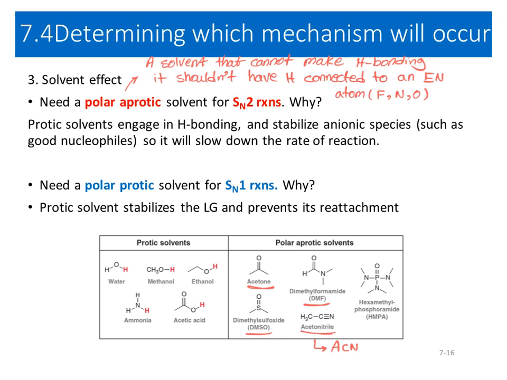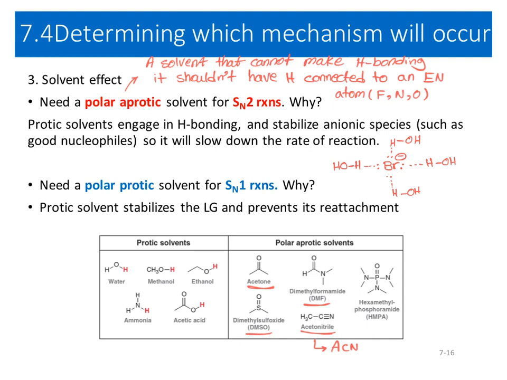Because imagine if we have bromine as a nucleophile, if we use a polar protic solvent such as water, water can make hydrogen bonding with the nucleophile, which reduces the strength of nucleophile, and SN2 reaction cannot happen. So this is not something favored, therefore we are not using polar protic solvent.